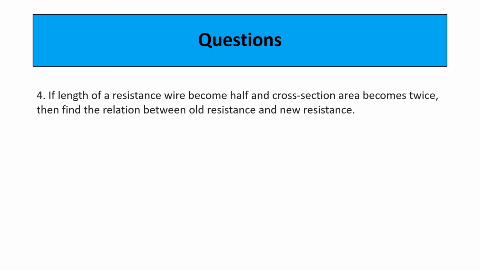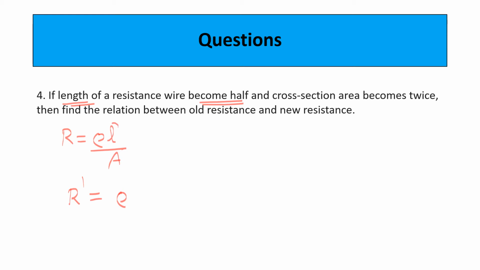Question number 4. If the length of a resistance wire becomes half and cross-section area becomes twice, then find the relation between old resistance and new resistance. The expression for resistance is R is equal to rho L by A. Here R dash is equal to rho into length, which becomes half.